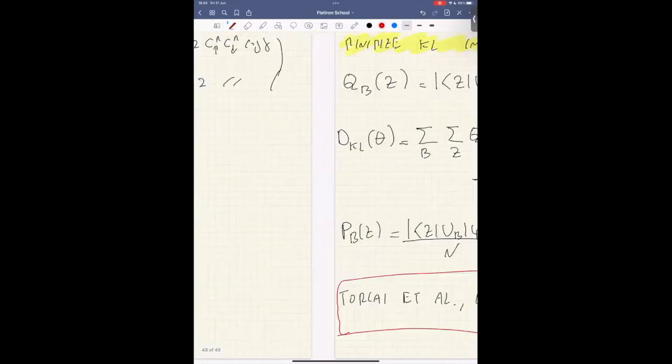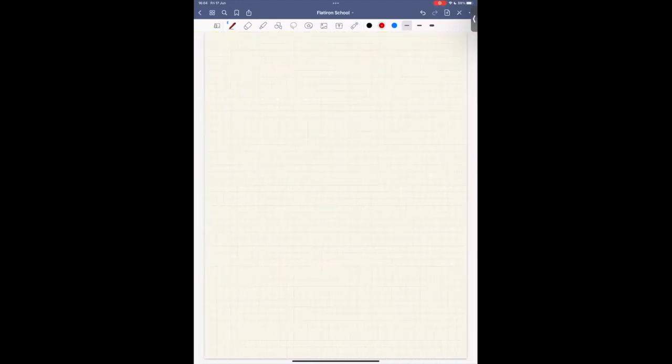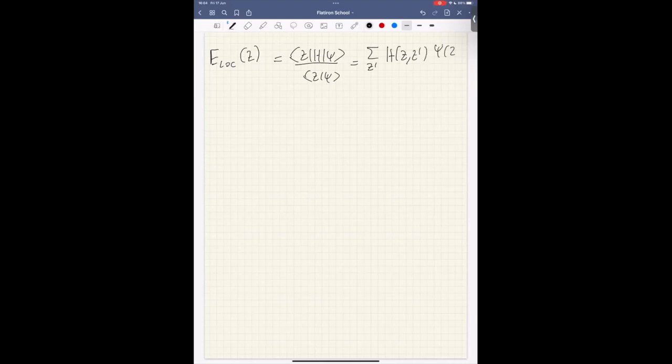Okay, let me just take another page for questions. So the local energy is this one, right? And we've seen last week that, okay, now we can rewrite this explicitly as the matrix elements of the Hamiltonian divided by psi of z prime over psi of z, right?